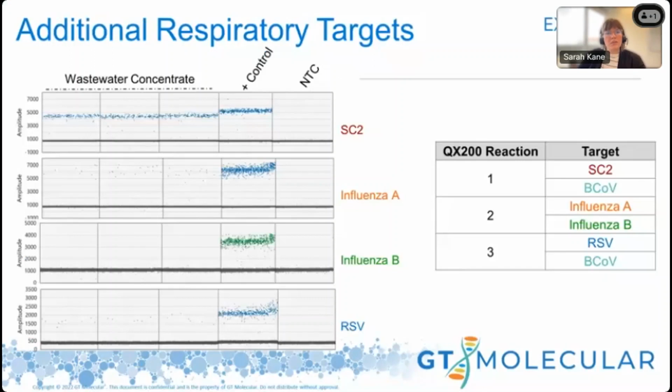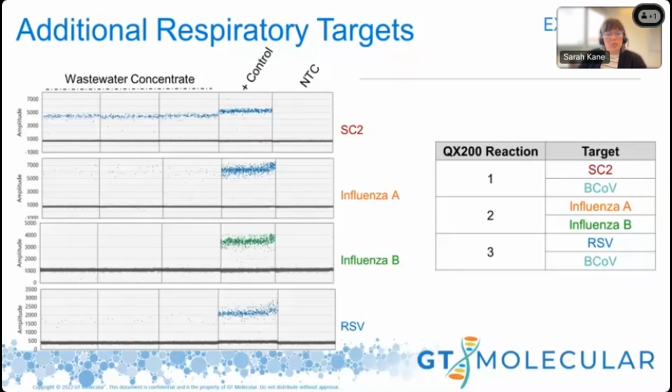Soon after our successes with SARS-CoV-2 and the COVID-19 pandemic, we quickly realized the power and the utility of wastewater testing, and we wanted to expand our target menu to other respiratory pathogens first. This is real wastewater sample data from our testing service, where we were able to detect SARS-CoV-2, influenza A, and RSV at the same time from one sample.